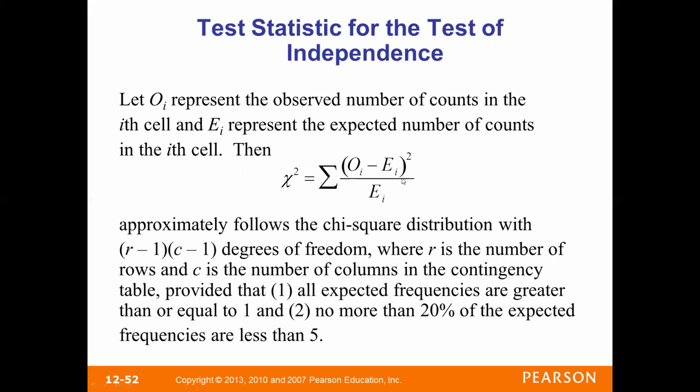We can square that difference. We'll divide by the expected value. We'll add all of those up, and we'll have a chi-square distribution. In this case, we have a table that has multiple rows and multiple columns. The number of degrees of freedom is the number of rows minus 1 times the number of columns minus 1.